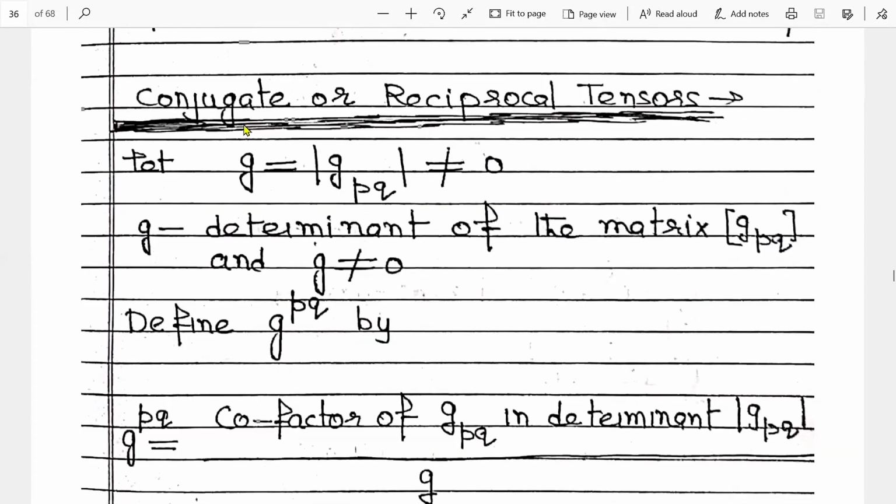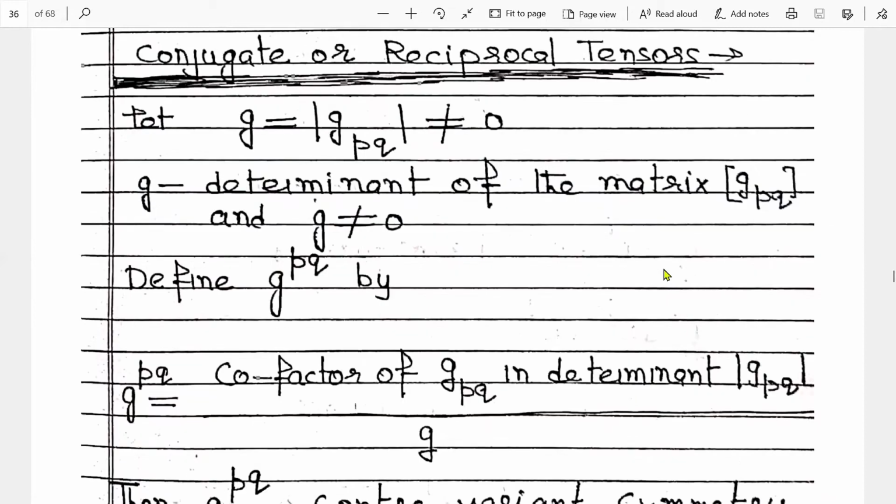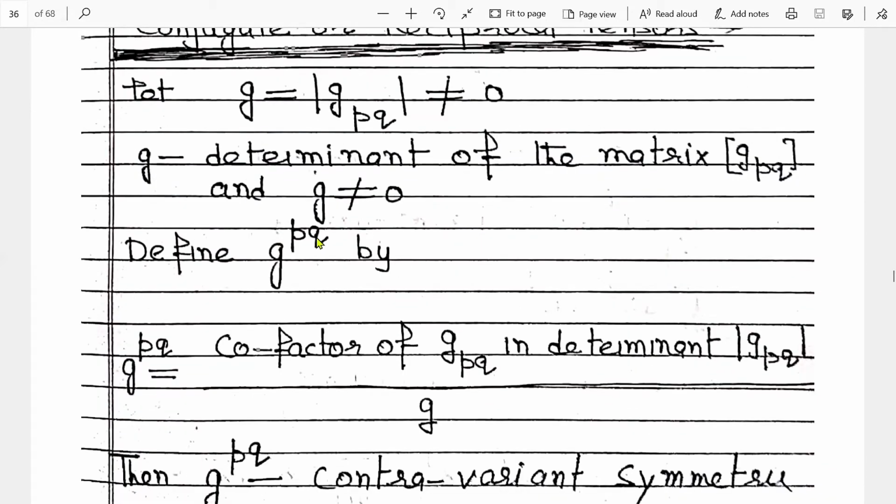Now, conjugate or reciprocal tensor. Let the determinant of gpq be non-zero. It is denoted by g, and define g upper pq. So this is a contravariant tensor. Remember, the Riemannian metric gij is a covariant tensor, so this is a contravariant tensor.